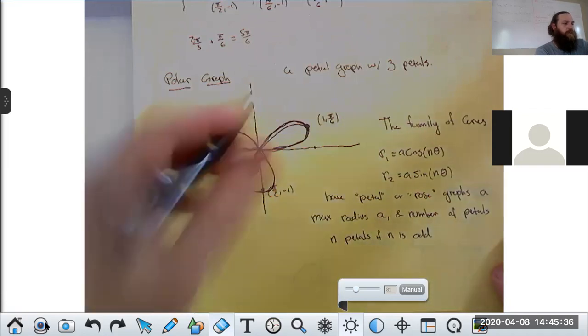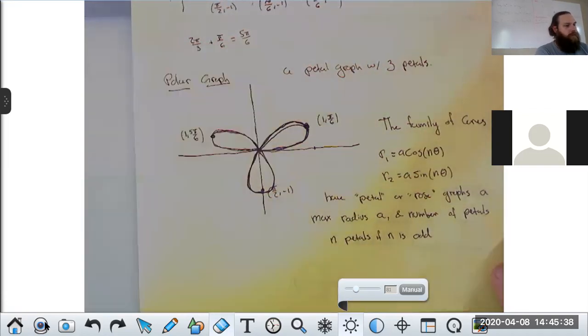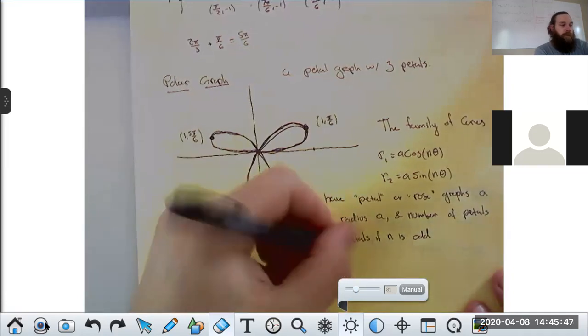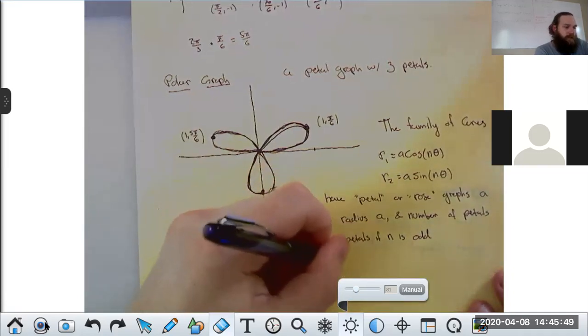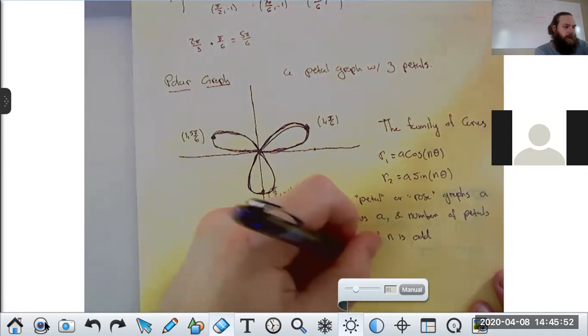The max radius, the max distance you get out from the origin, is always that number A. But the tricky part is the number of petals. If n is odd, then you'll have n petals. If n is even, then you end up with 2n petals.